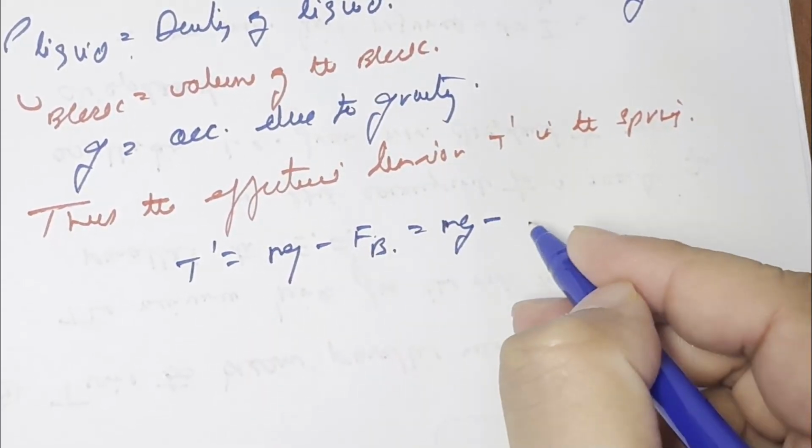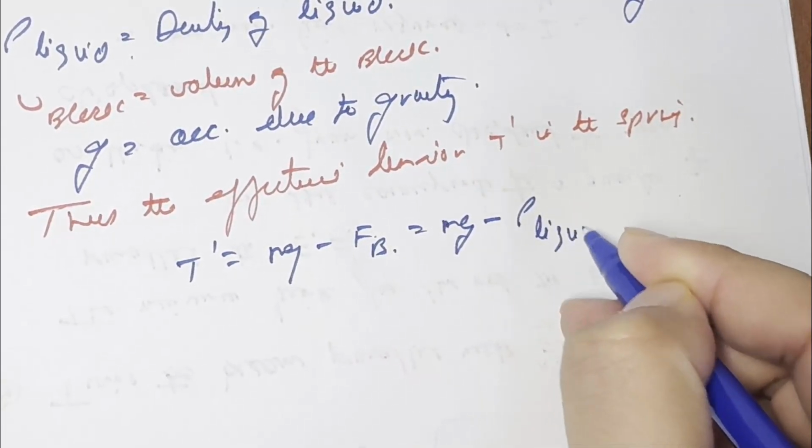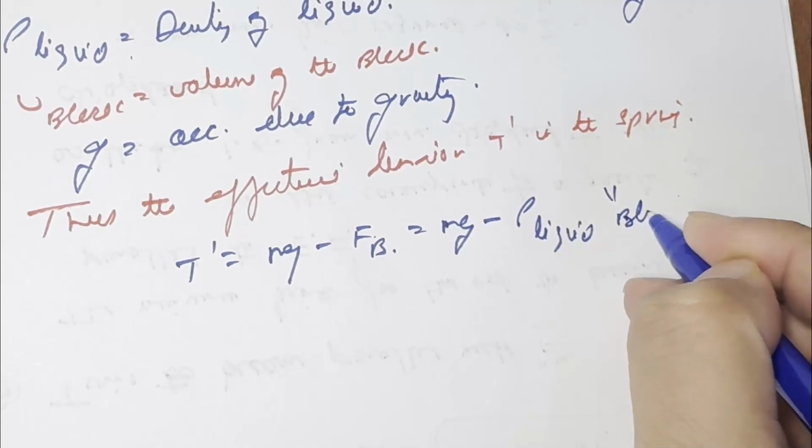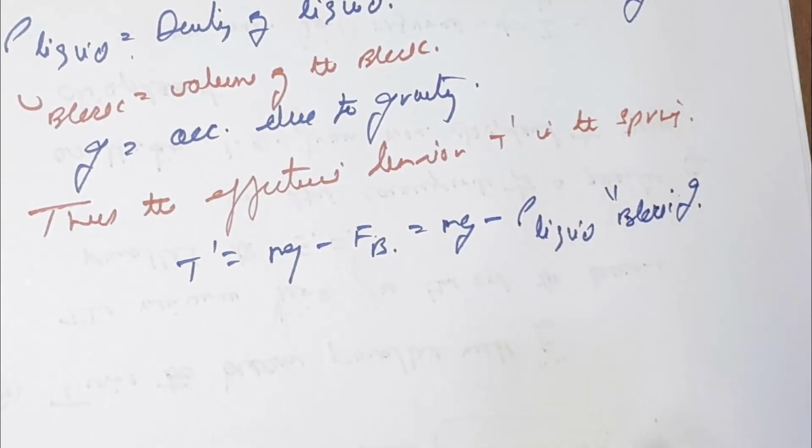It is mg minus rho of liquid, V of the block, multiplied by g.